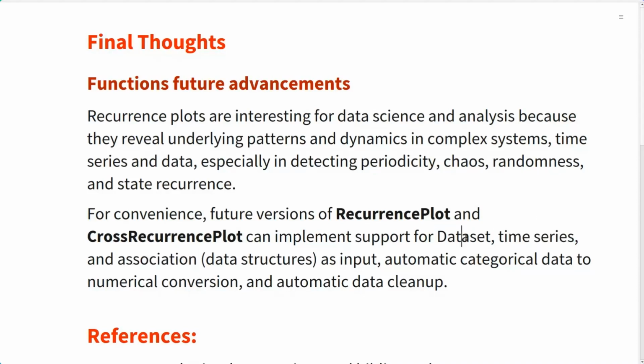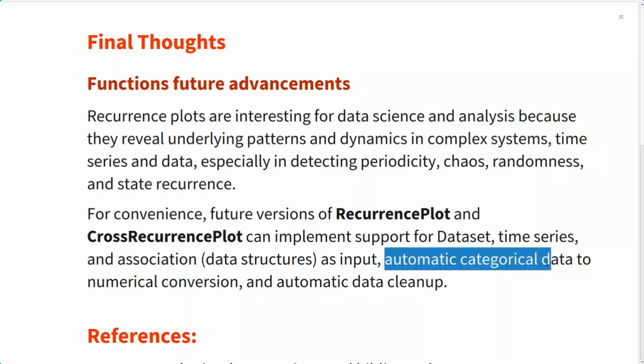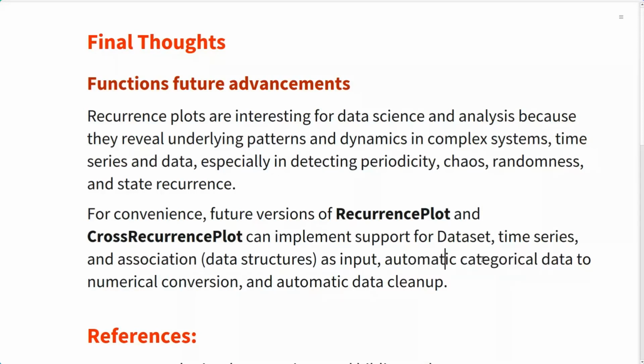So the next step is to make both functions accept dataset, time series, and association data structures as input. Another thing that can be made is to convert categorical data, so text data, to numerical data in order to be used in the calculation in the equation.